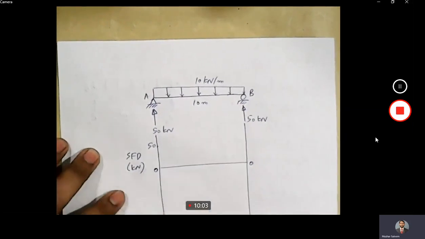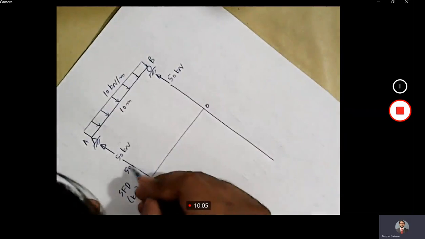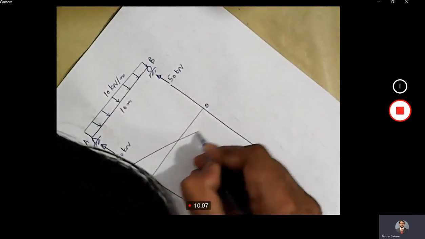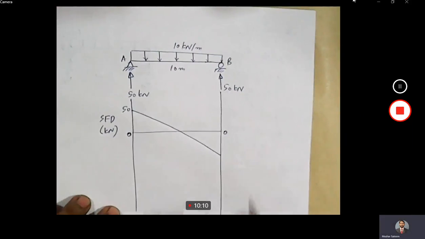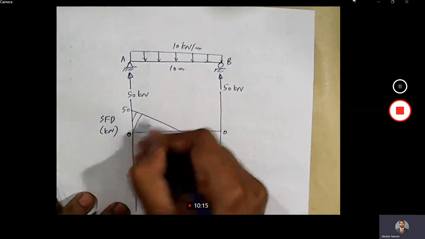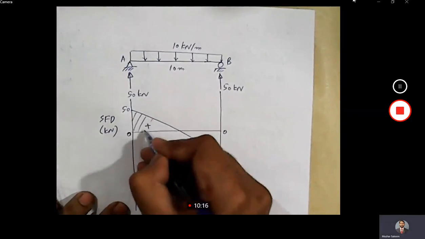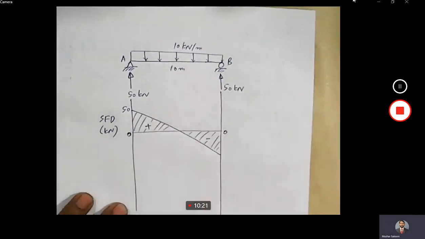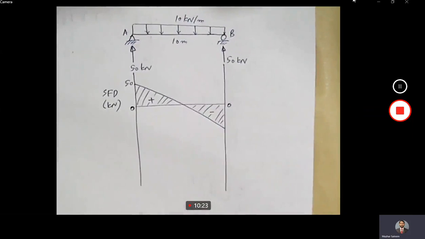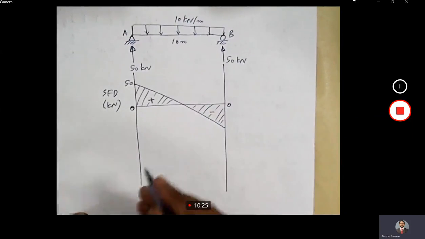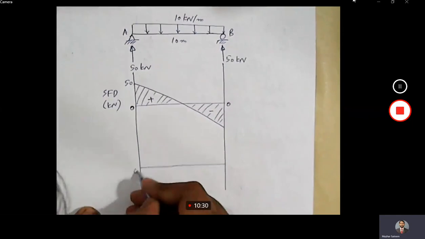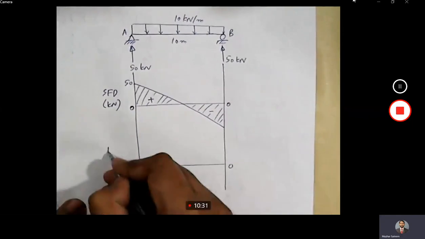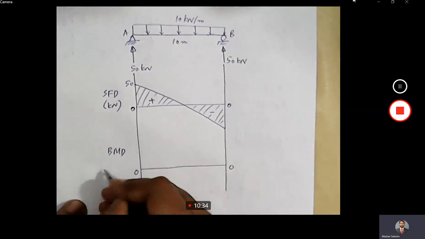Okay, so we will join this with a straight line, it's a straight line, first degree line. This part is positive and this part is negative. So this is SFD. Okay, and what about BMD? 0 line, BMD.